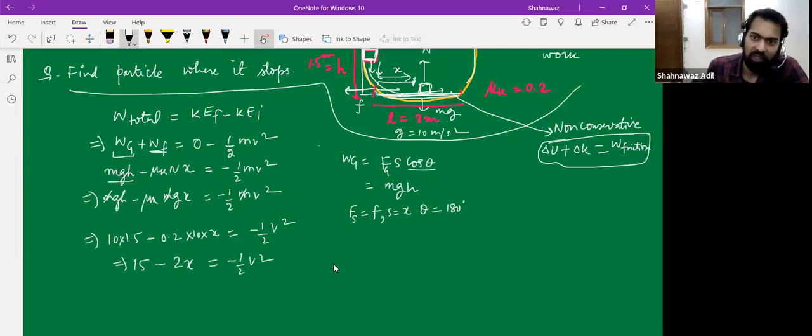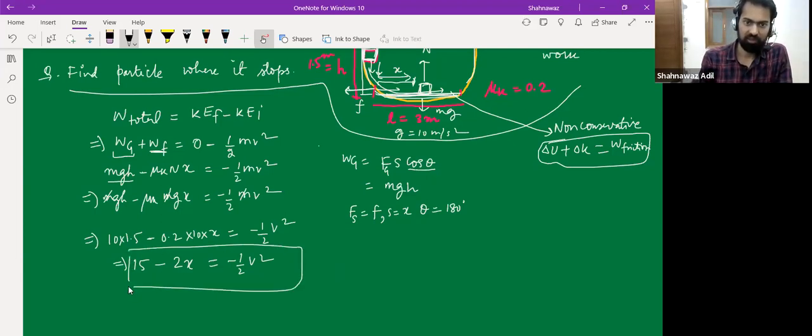Yes, sir. Okay, and we have to find the velocity here, because then we will be able to calculate this x here, right? So how will we calculate? Let's say this block comes here and then goes here. So how will we solve this problem? Did I miss anything?